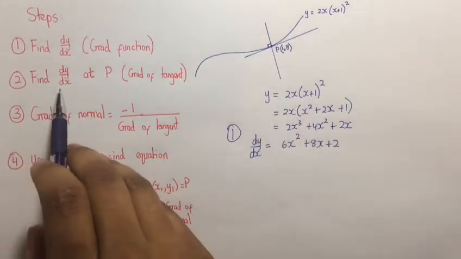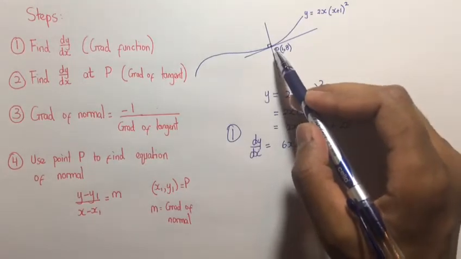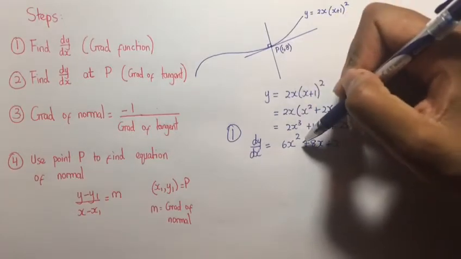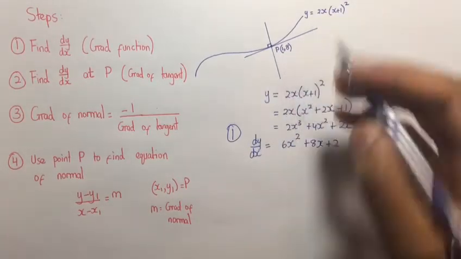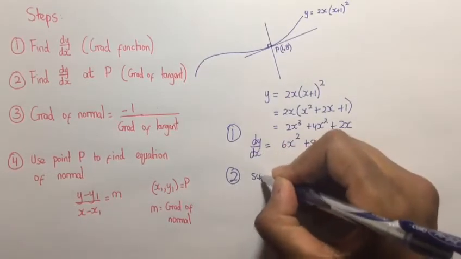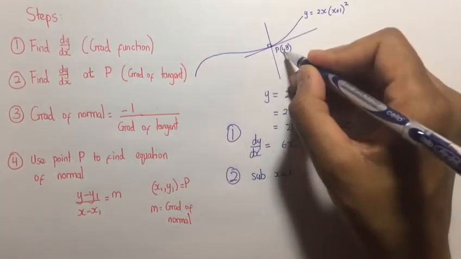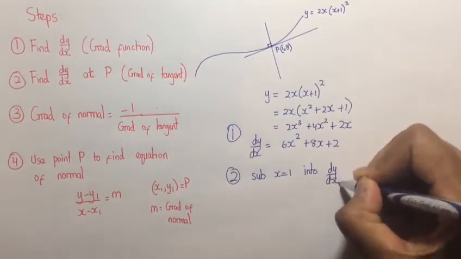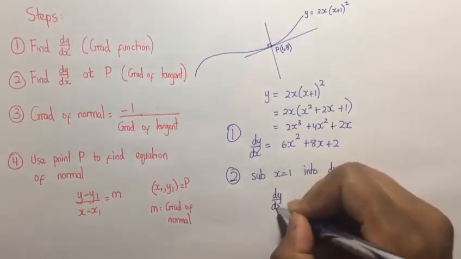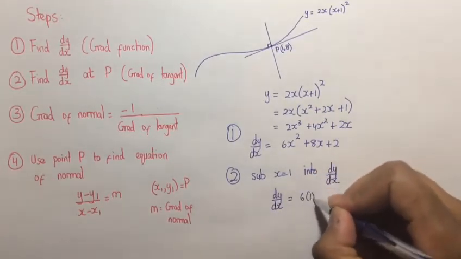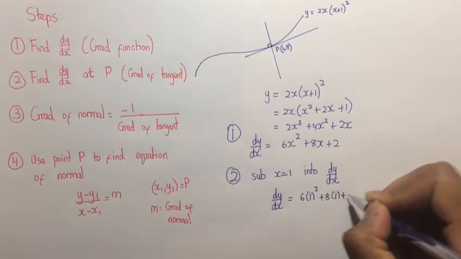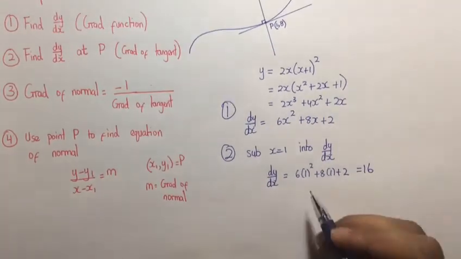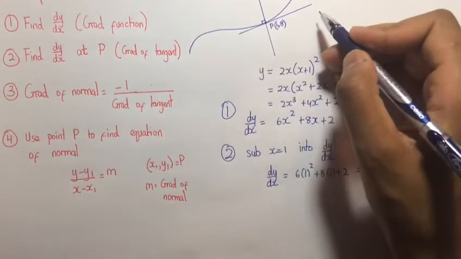Now we need to find the gradient at point P. This simply is done by substituting the value for x into the gradient function, and this gives us the gradient of the tangent at point P. So let's sub x equals 1, as in point P, into dy/dx, and we get that dy/dx is equal to 6(1)² + 8(1) + 2, which is equal to 16. So here we found the gradient of the tangent at point P.